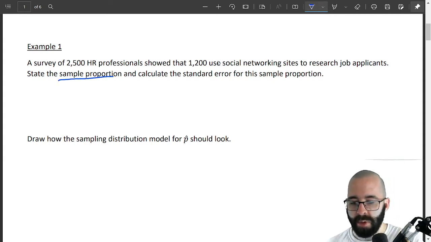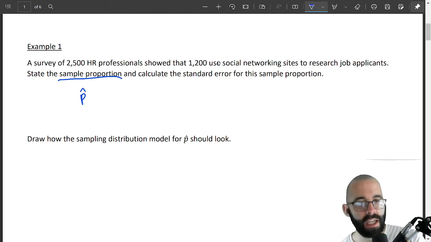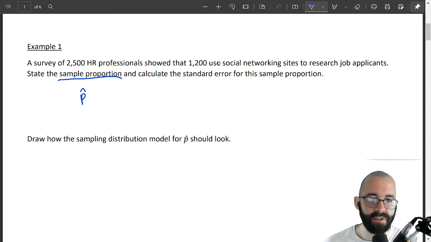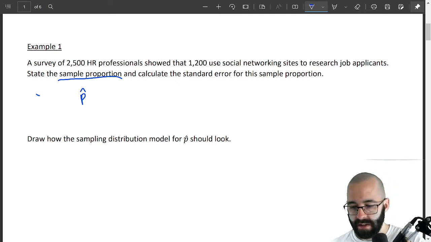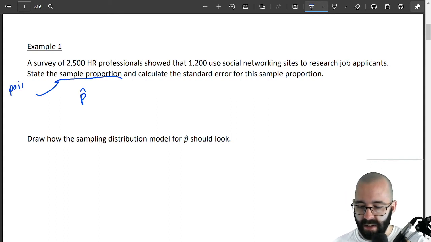Remember, sample proportion, that's our p hat. P hat and x bar, those are usually the sampling things that we're looking at. X bar is for sample mean. P hat is for sample proportion. This is also what's known as a point estimate. Let's write that down.